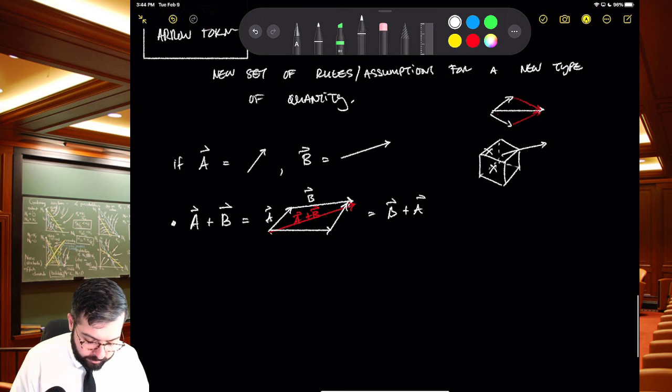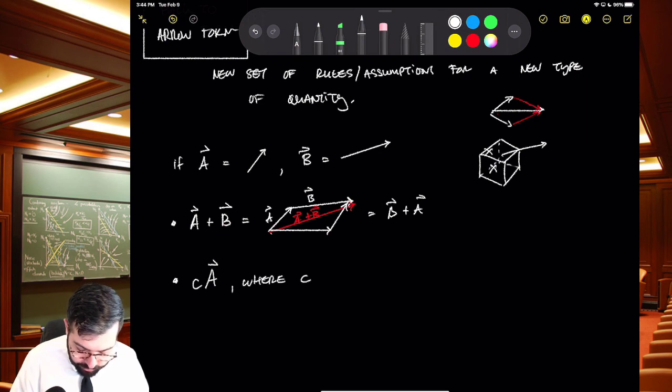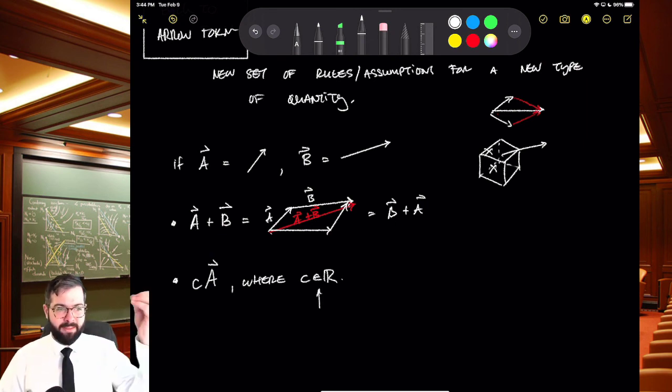So that's addition, it's commutative, this is how we add it. How about scaling or multiplying? So if I have C times some vector A, where C is a real number, again, I think I told you guys last time, I'm going to use this notation a lot. It means this is a member of this set. So C is just a real number.